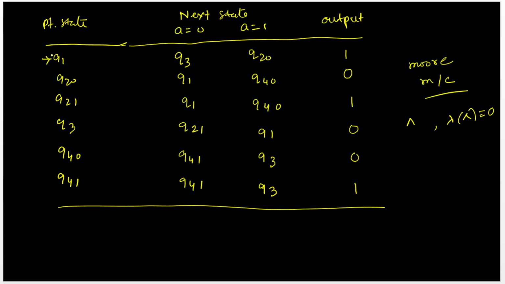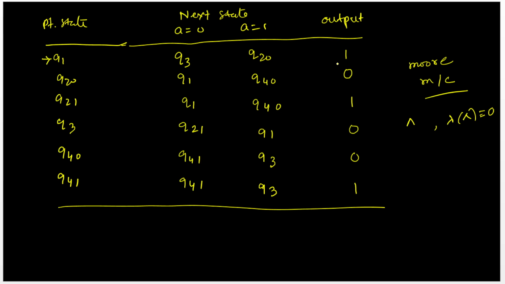But look here, the Q1 state is the initial state, but the output is 1. For a Moore machine, to handle the null empty input, we have to add a new state. We assume that the new state is Q0, whose state transitions are identical with this Q1 as mentioned in this table, but whose output will be 0.